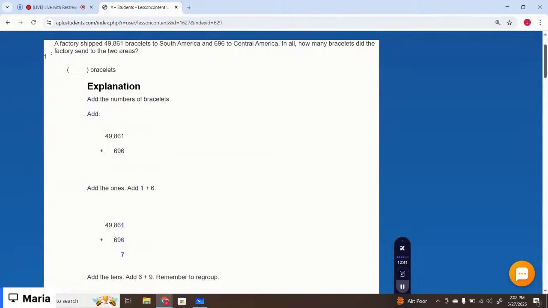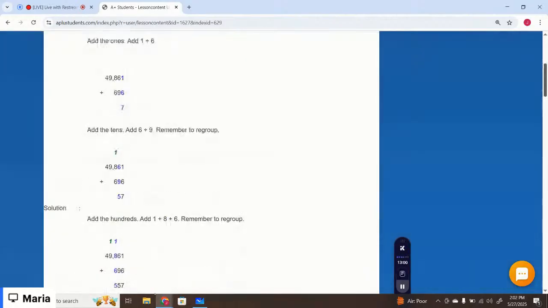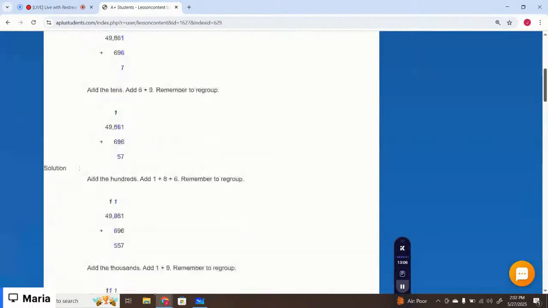So in all, just add 49,816 plus 696. Start adding the ones, so 6 plus 6 makes 12. Then 9 plus 1 makes 10. Write 0 and carry 1. 8 plus 6 makes 14, plus 1 is 15.